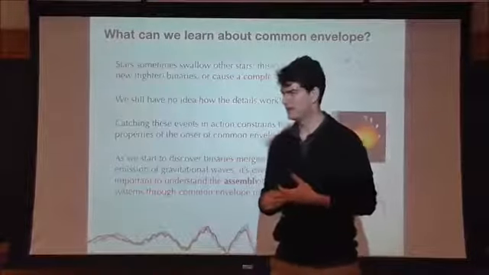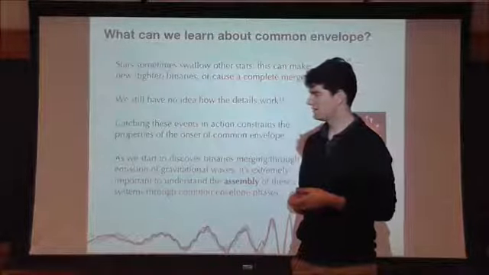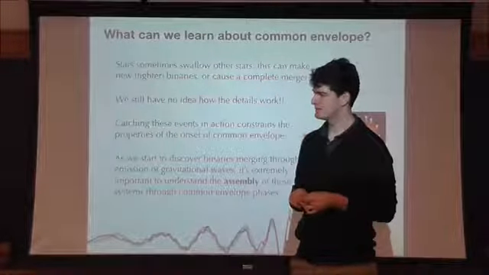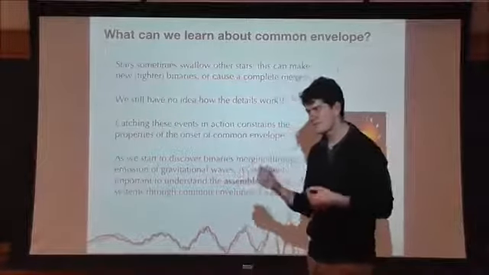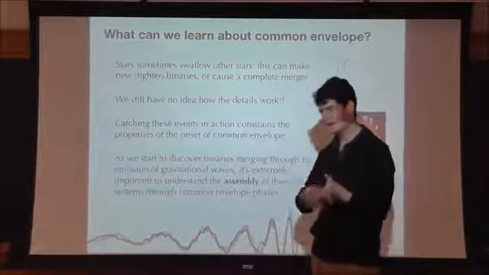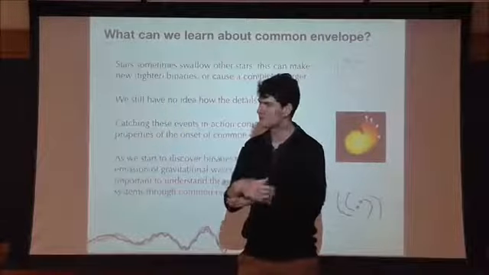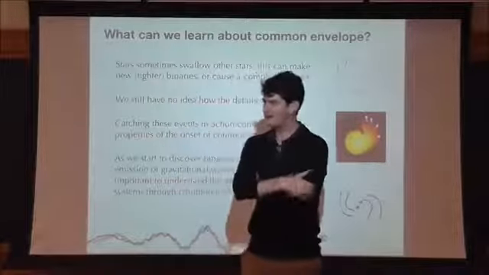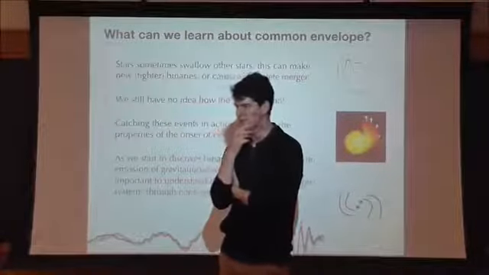And so what we're hoping to learn is not so much whether we're surprised that this is happening, but how frequently it happens, and whether it happens across all masses of stars, or whether there is something special. Do you need extra ingredients to drive envelope ejection in certain cases, like in massive stars?